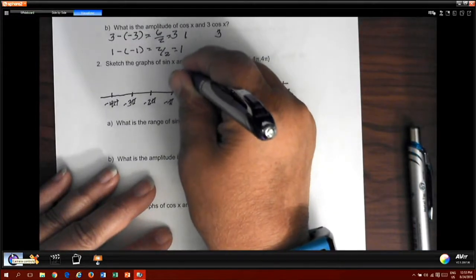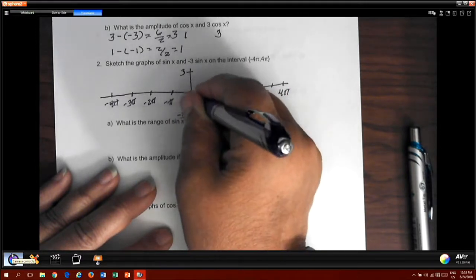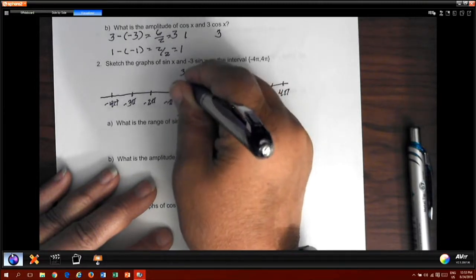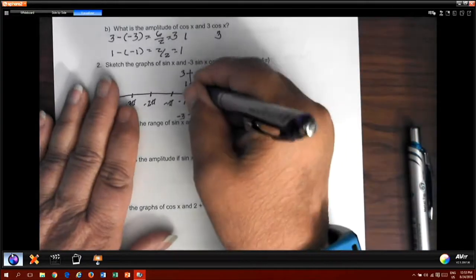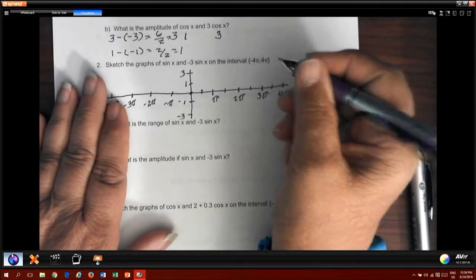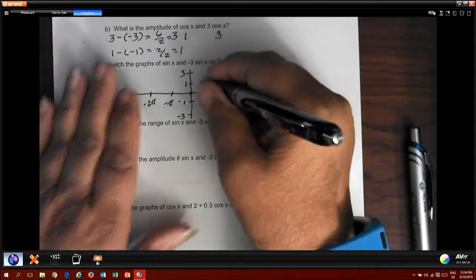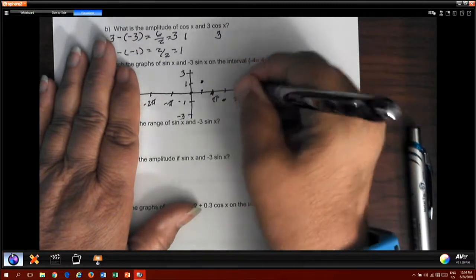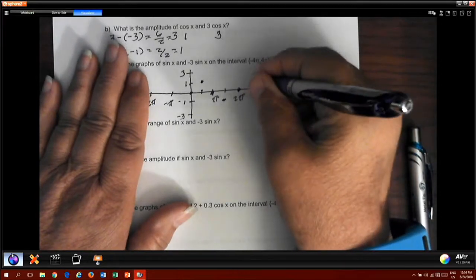And we're going to go as high as 3, as low as negative 3, and the general graph is negative 1 to 1. So sine, if you look at the unit circle, at 0, the y-coordinate is 0. At pi over 2, it's 1. At pi, it's 0. At 3 pi over 2, it's negative 1. And at 2 pi, it's back to 0.